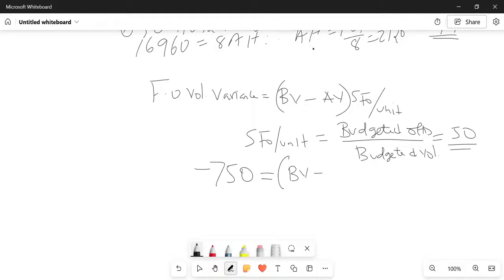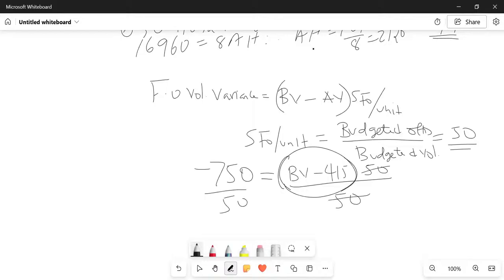You gave me a figure, $415. These standard fixed overheads are 50. So treat this as if it's one number. So divide both sides by what here, somebody? By 50 first. Divide both sides by 50.